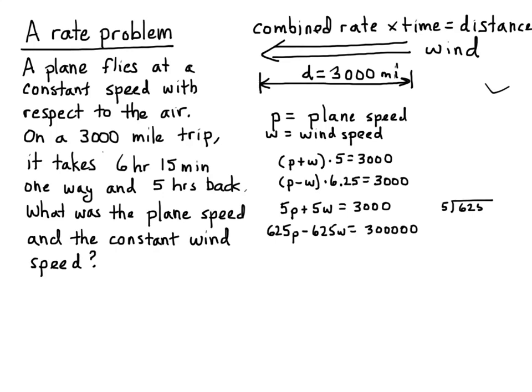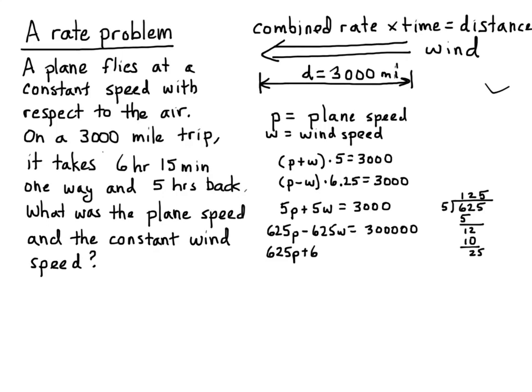And so with my elimination, since I have two 625s and two 5s, I want to see, is one a multiple of the other? Well, you know it is, because 625 ends in a 5, and so it should be divisible by 5. So I'll do some division, and you see that it's 125.